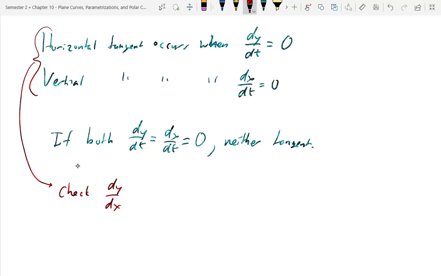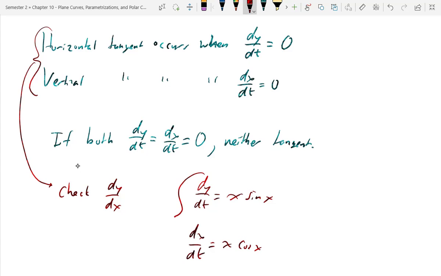Because, for instance, if you take the derivatives and have dy/dt equals something like t sine t, and dx/dt equals t cosine t, it may appear as if there's no derivative at 0 in both of those.